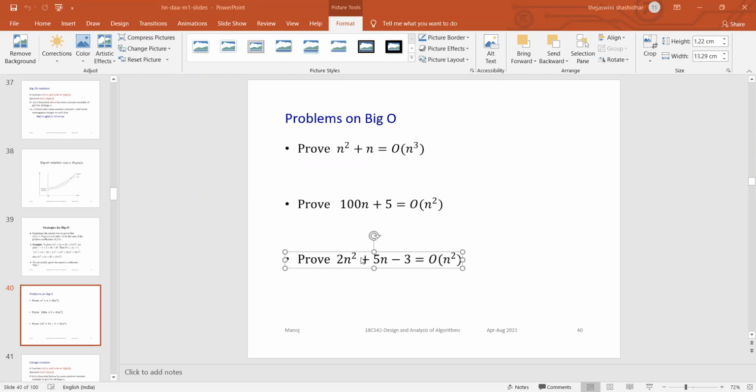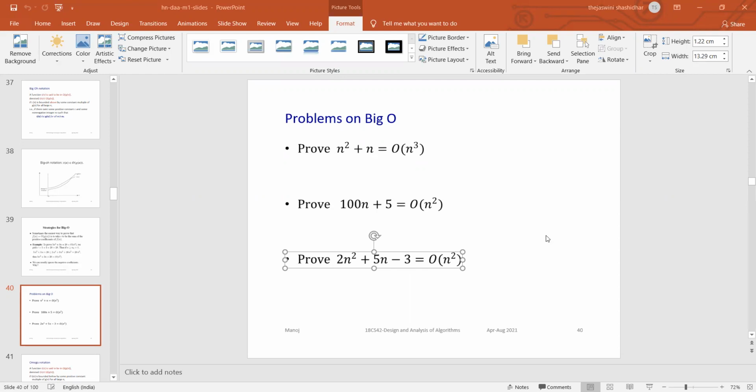You have to multiply with the constants. 2 into n square, 2n square plus 5 into n square, 5n square minus 3 into n square is equal to how many you are getting? 2 plus 5 minus 3. 2 plus 5 is 7. 7 minus 3, 4. So you are getting the value as 4n square.